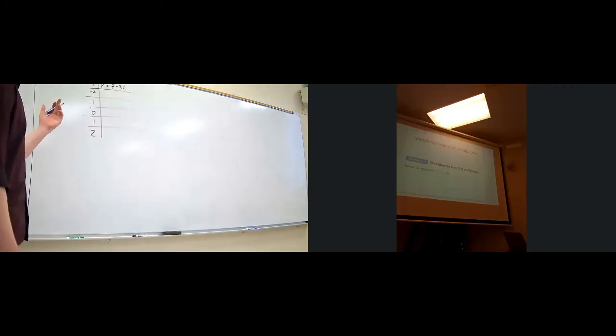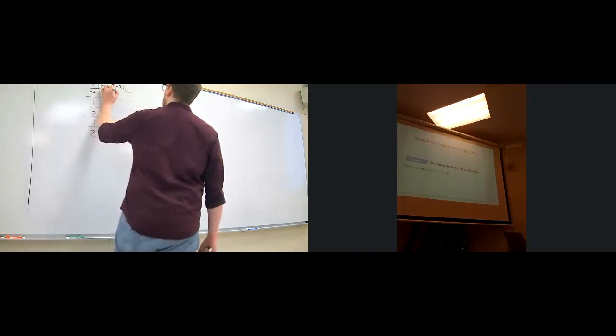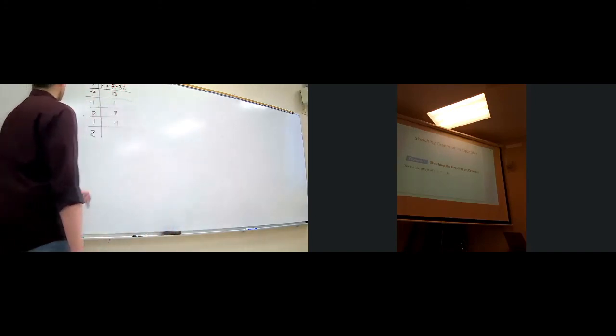In this case, starting off with -2, we get 6 plus 7, 13. -1 gives 3 plus 7, 10. 0 is 7. 1 is going to be 4. My mistake.